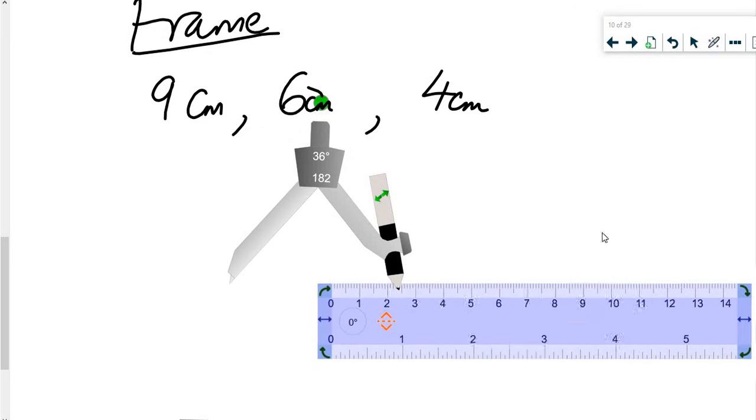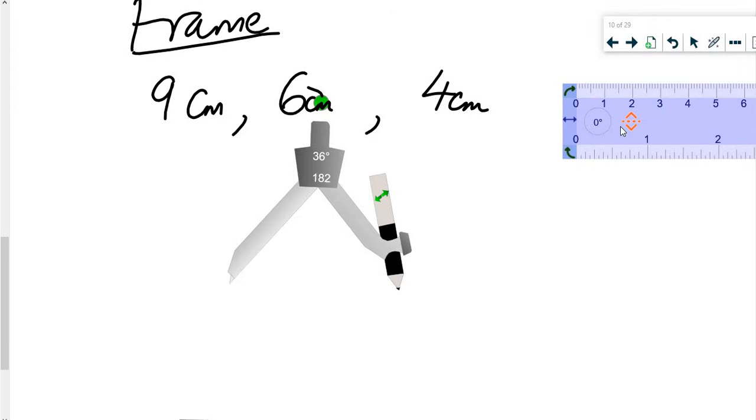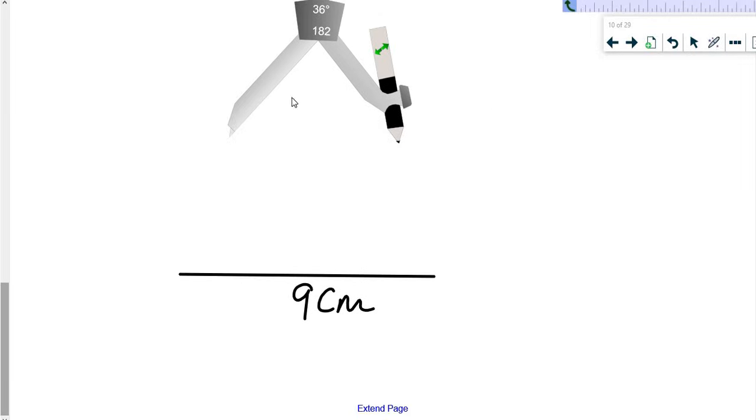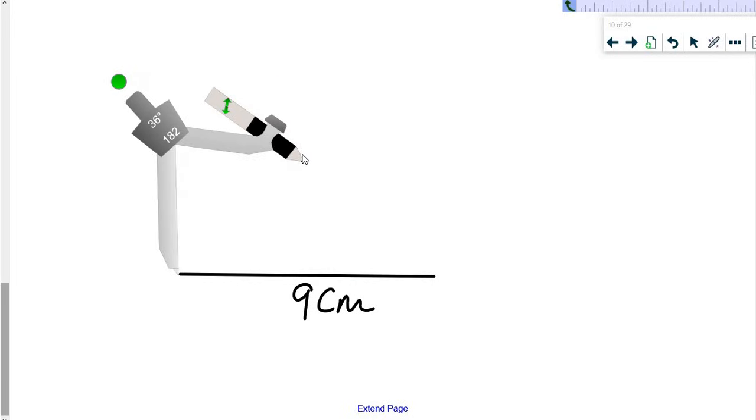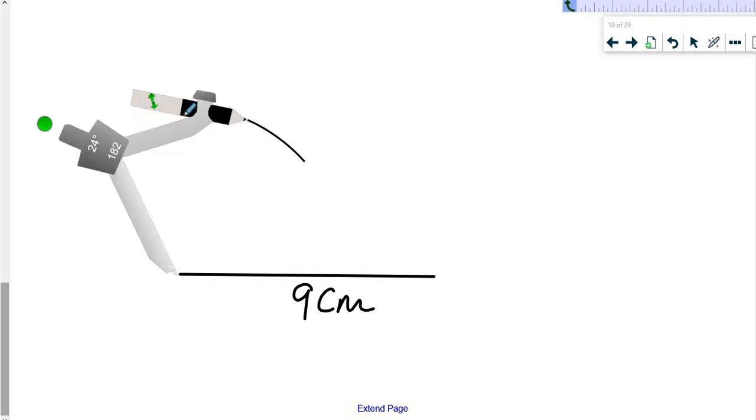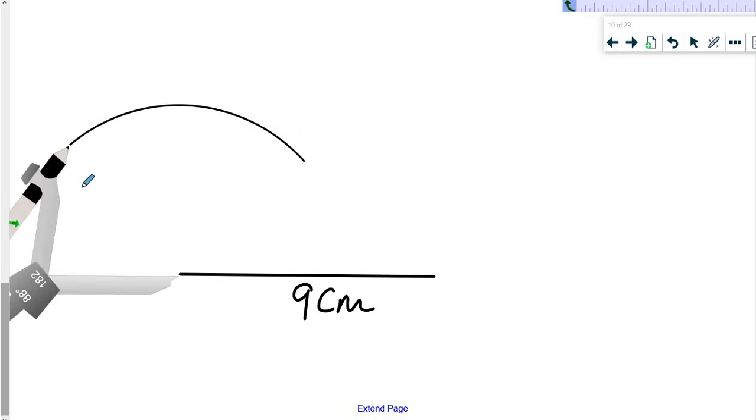Then remove the scale. Then position the needle at this point here. Then draw an arc like this.